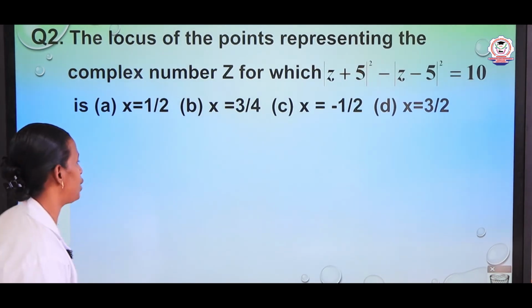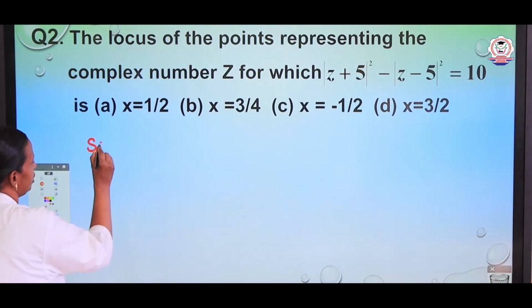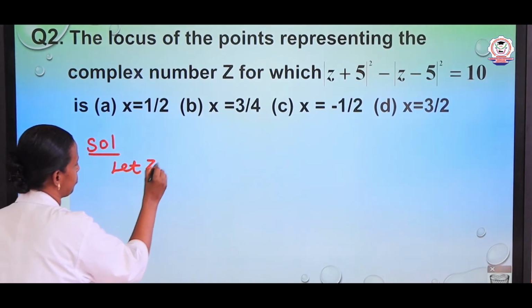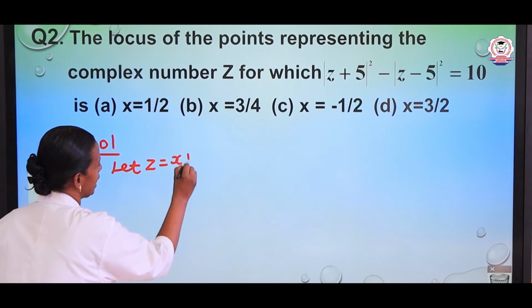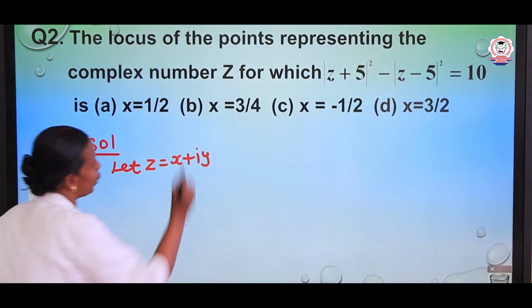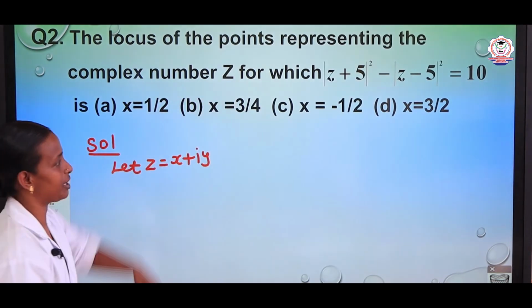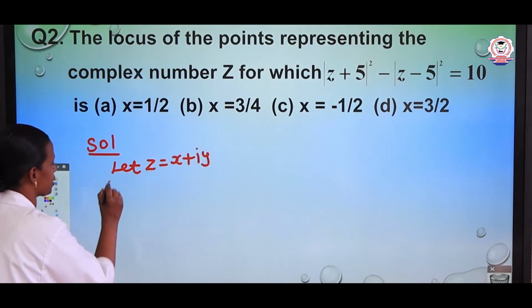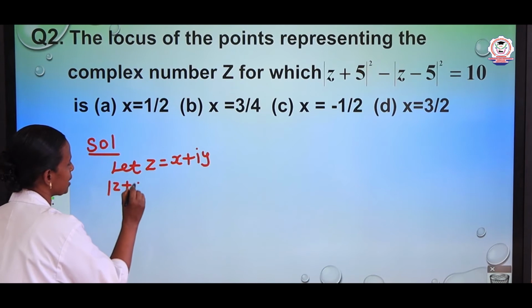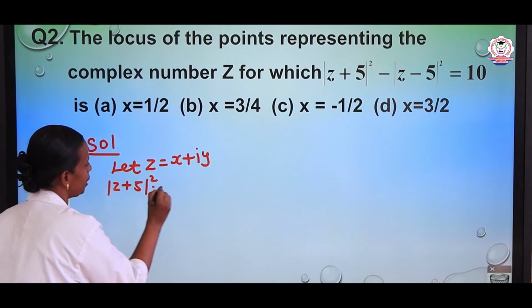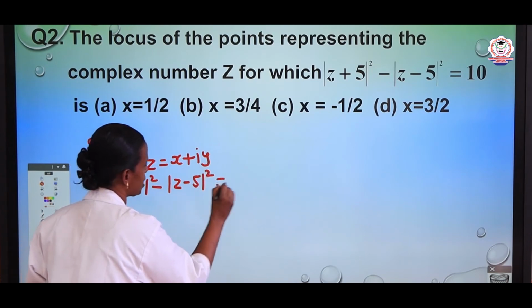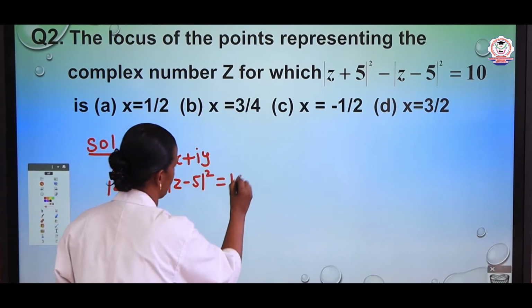Yes, we know very well, Z is nothing but a complex number. Let Z equal to x plus iy. What we want to find is the locus of the points, where modulus of Z plus 5 the whole square minus modulus of Z minus 5 the whole square is equal to 10. It is given.